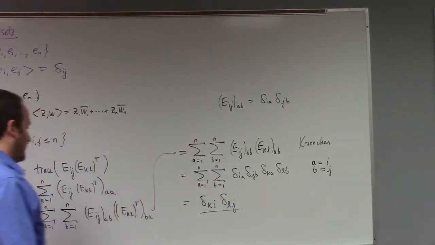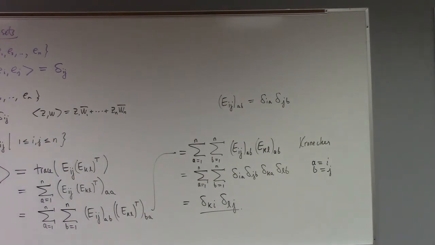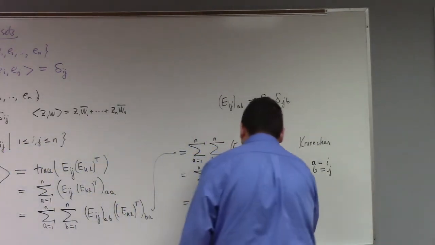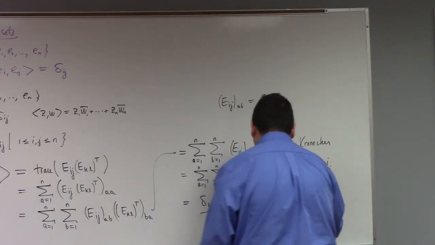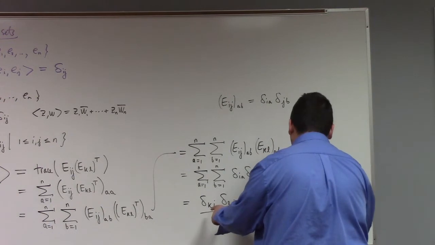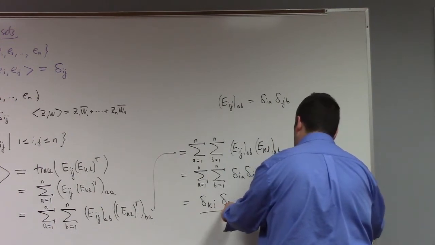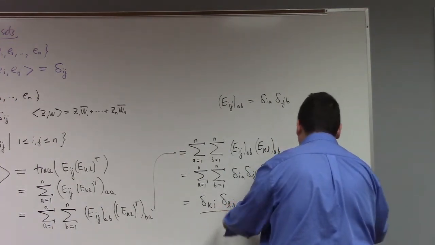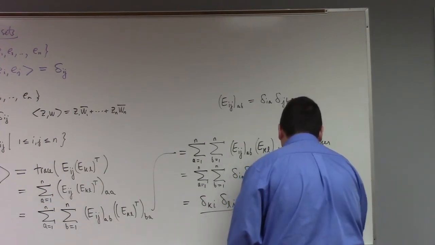What does that say? Going back to the, that's only non-zero if what? So this is equal to 1 if I equals K and J equals L, and it's equal to 0 otherwise.